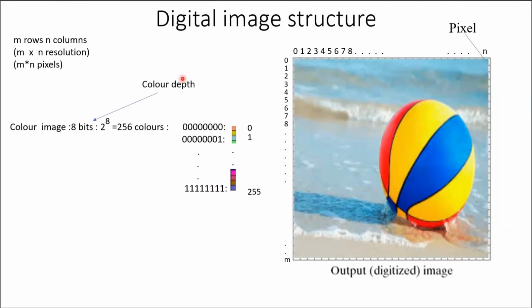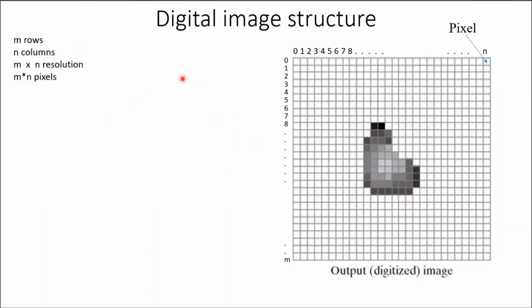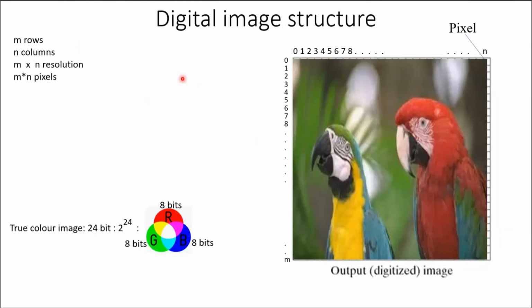And normally when we say grayscale in the real world, it refers to 8-bit. And when we say color image, we normally refer to 24 bits. So in real life, when we say color image, it automatically refers to 24 bits.